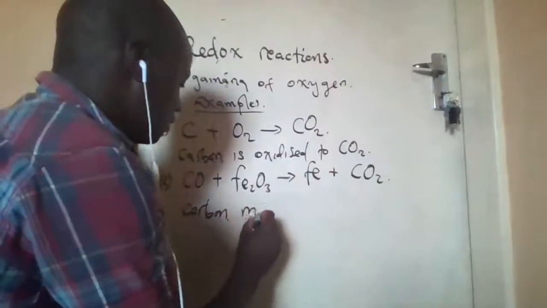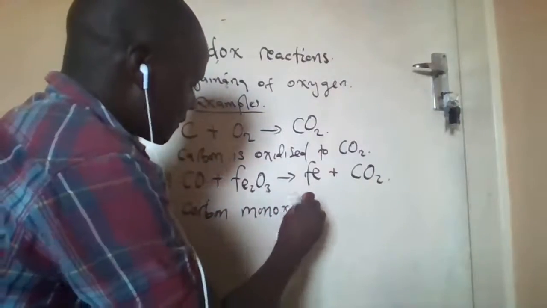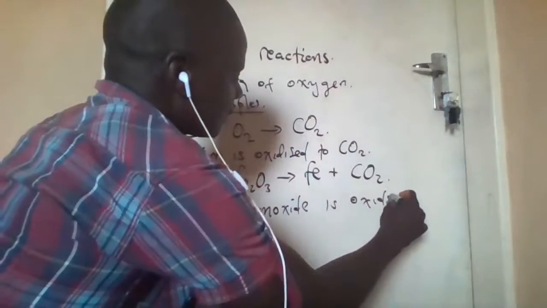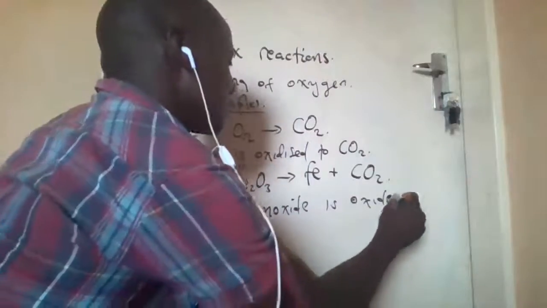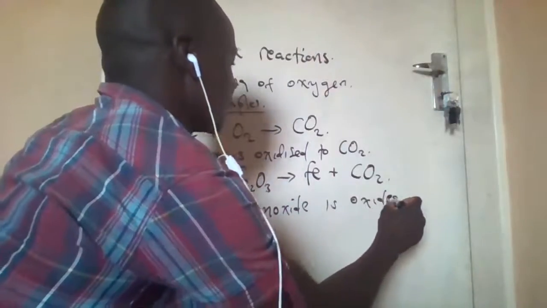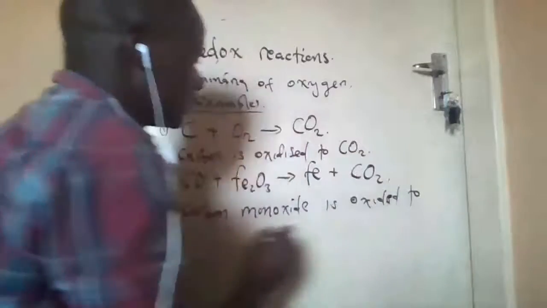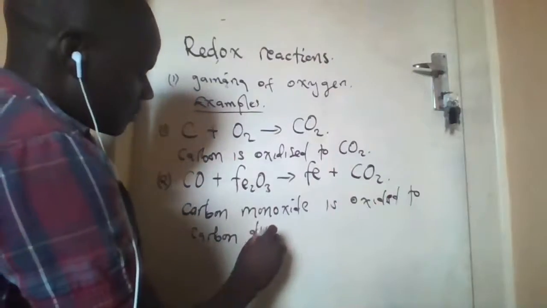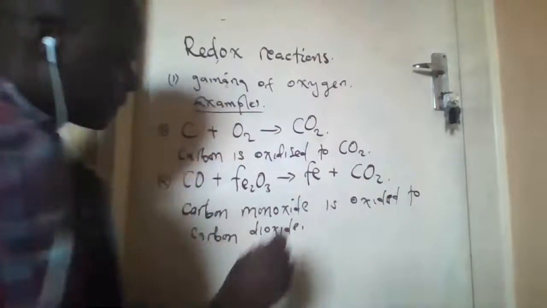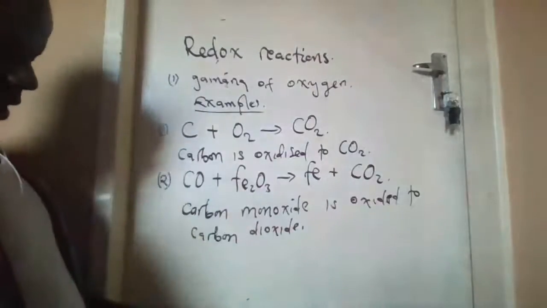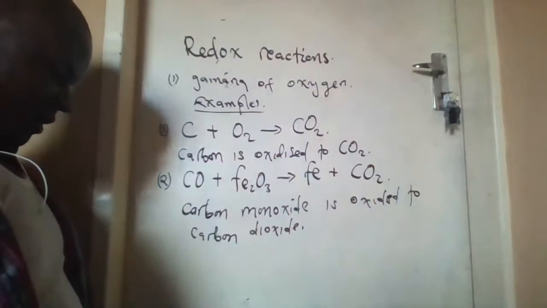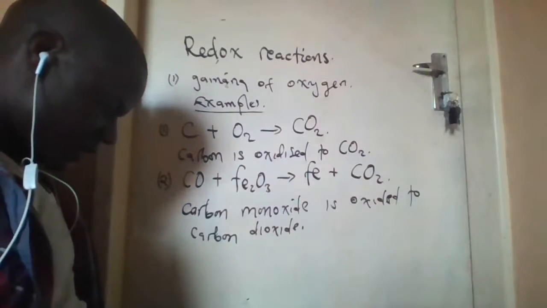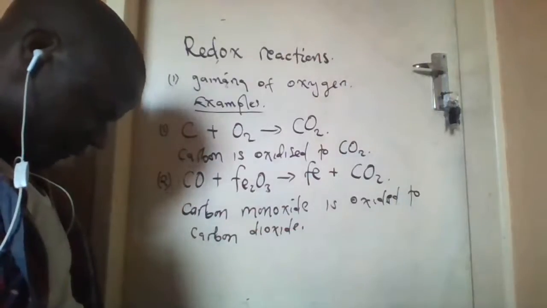So carbon monoxide is oxidized to carbon dioxide. So that is one way in which we can define the oxidation by the gaining of oxygen.